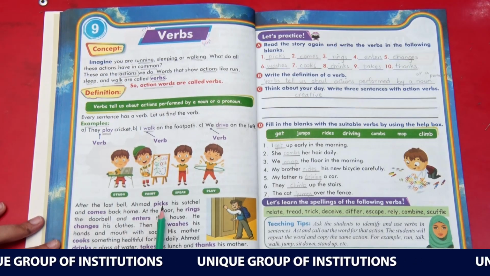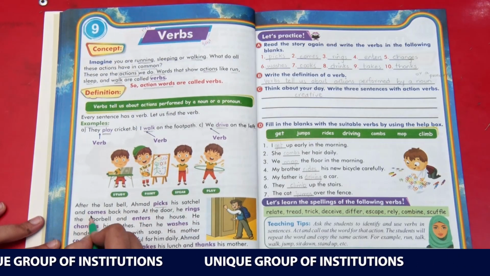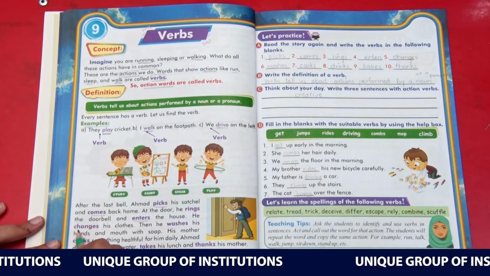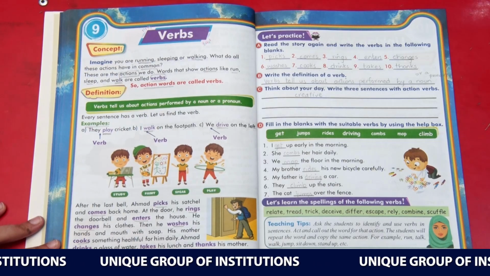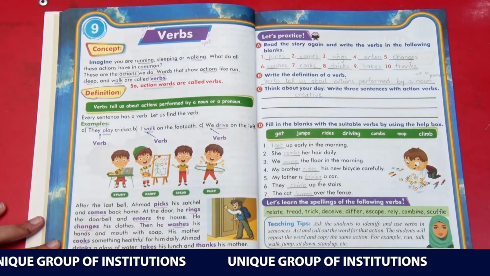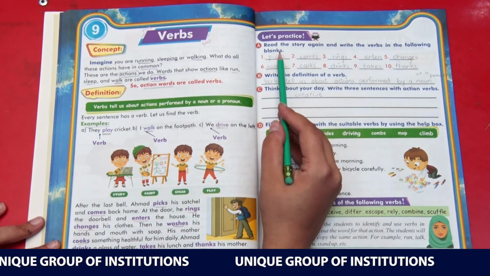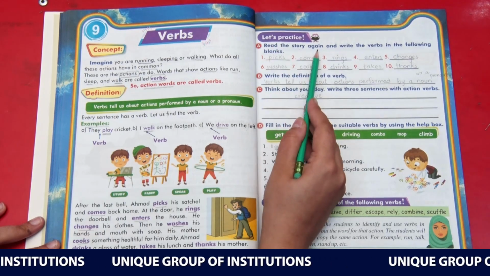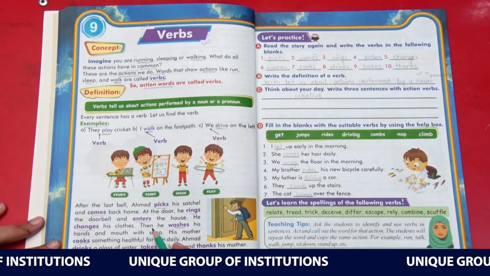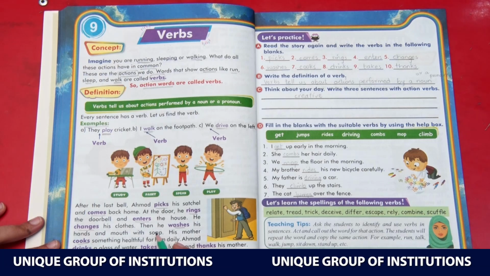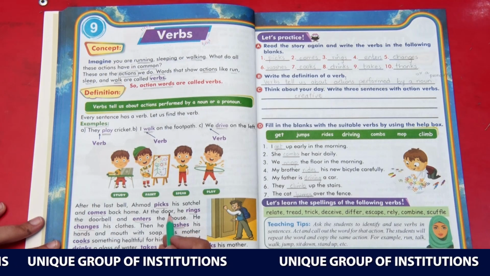You can see there are lots of verbs which are highlighted with the purple color, such as picks, comes, enters, changes, washes, rings, cooks, drinks, takes, thanks. So this is page number 30. Let's move to page number 31 for further exercise. Let's practice. Read the story again and write the verbs in the following blanks, and underline the verbs so it may be easy for all of us to write the verbs in the blanks.